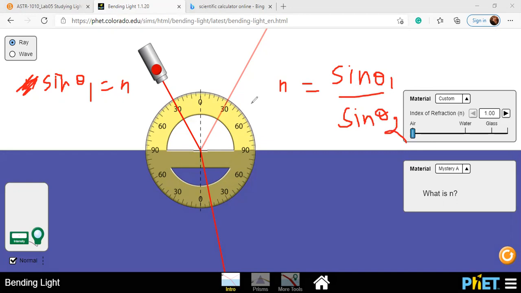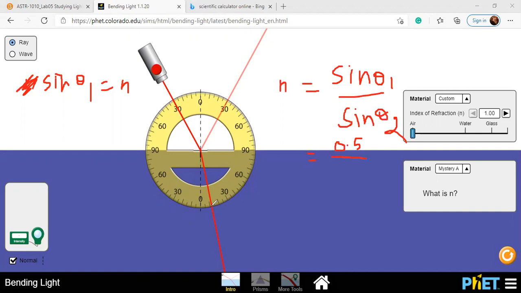Right here, my theta 1 is 30 degrees. So sine 30 degrees is 0.5 as I got before. I don't have to put it in the calculator, I know that. This line is 10. How much is this angle here? This is 20, this is 15. This looks like something like 12. I can see that much, so I will put 12.